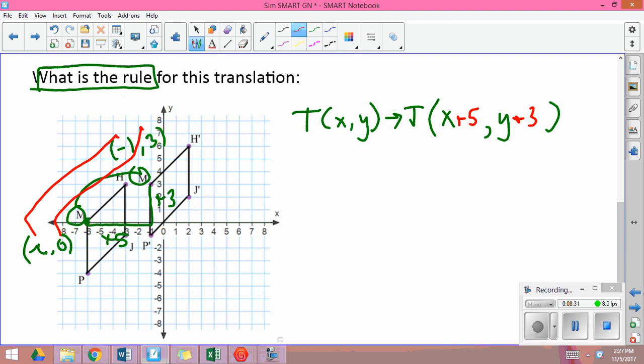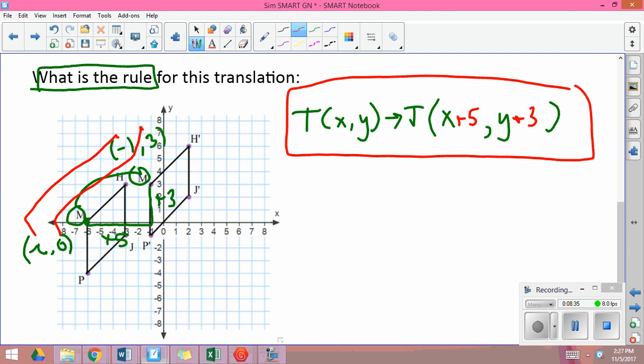And that's the rule. This is your answer that will transform each of these points into the other. And you can test it. -3, add 5, I end up at 2. Add 3 from -1, I end up at 2. And that rule holds to move the points to the appropriate location.